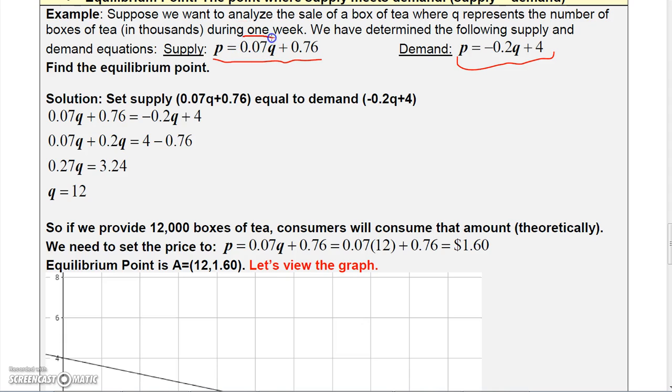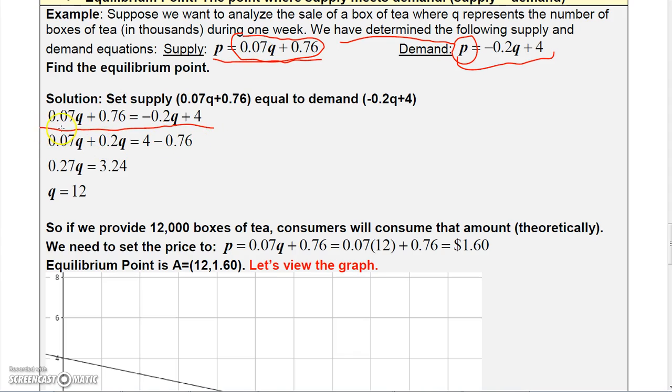Well, this is just another example of substitution. We're going to take what P equals from the supply equation and substitute it in here for the P variable in the demand equation. And so when I do that, I'm going to get this equation.